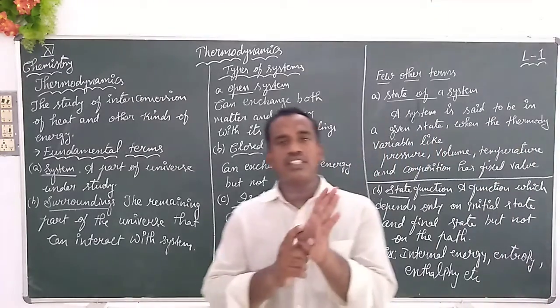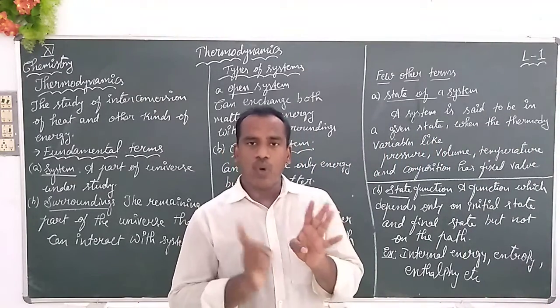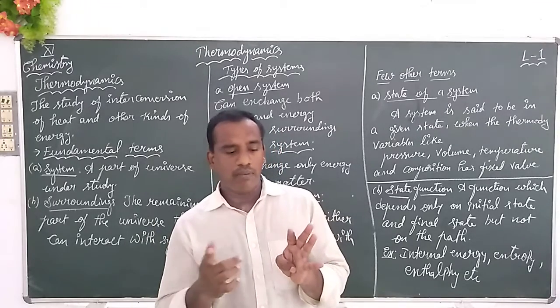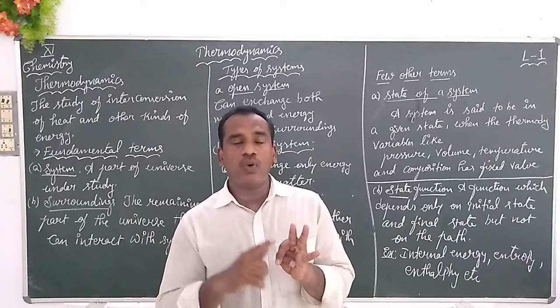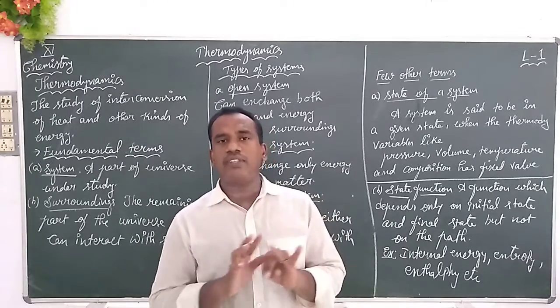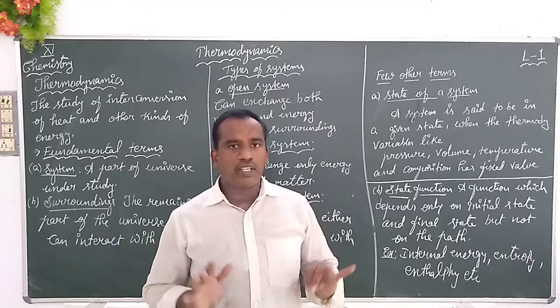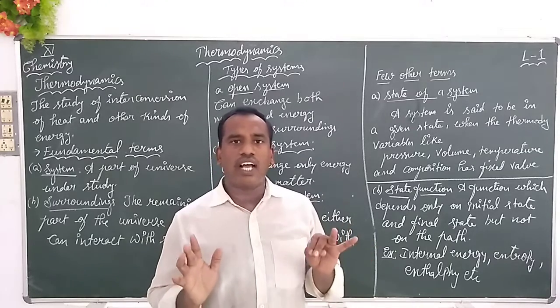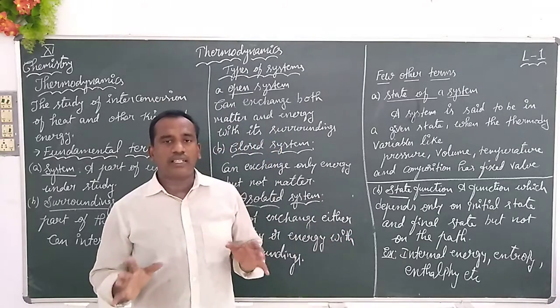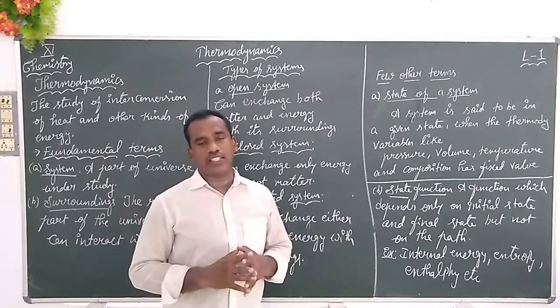Starting with the open system, which can exchange energy as well as matter. The second, which can exchange only energy but not matter, is a closed system. What is an isolated system? One which cannot exchange either matter or energy with the surroundings. These three are called the types of systems.